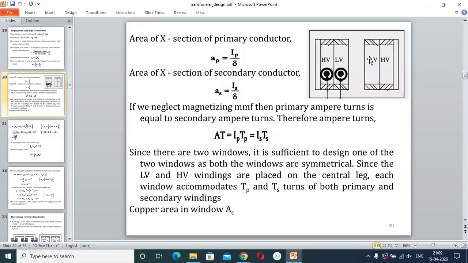And since the LV and HV are placed on the center leg, each window accommodates TP and TS number of turns of primary and secondary winding. So we can design for this one, and the same design can be used for this one as well.